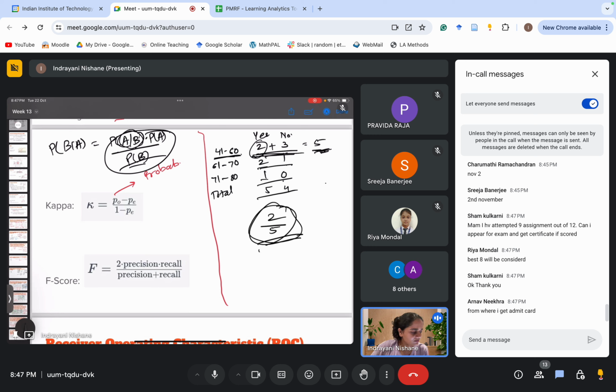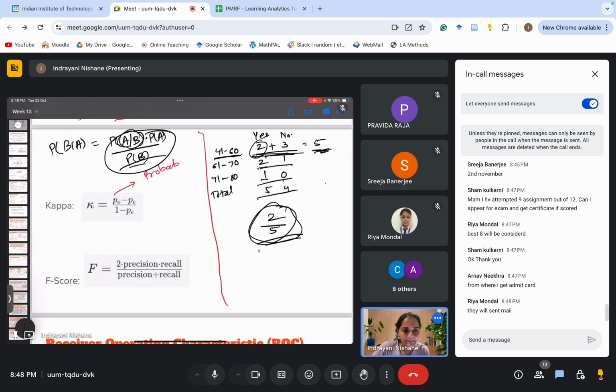Admit card, I think there is some download option from your login, no? Again, this question others can answer, how to get the admit card. Either you will get an email notification about this from NPTEL. Yeah, they'll send an email and it will be in the attachment, and there will be provision to download it from there.